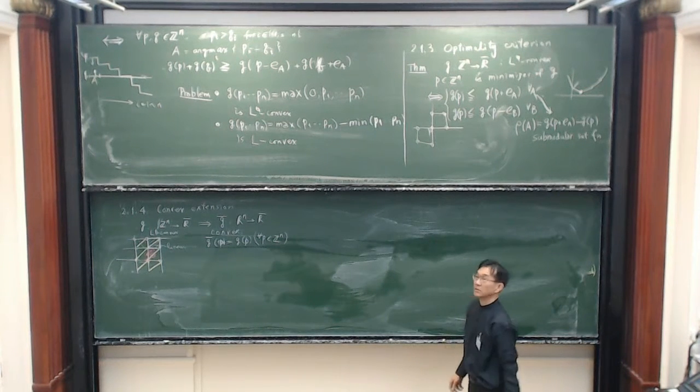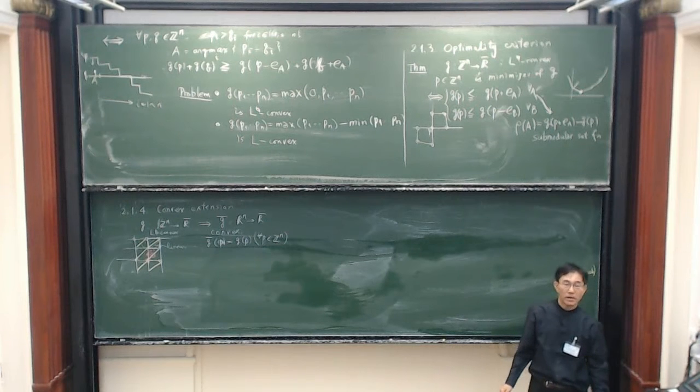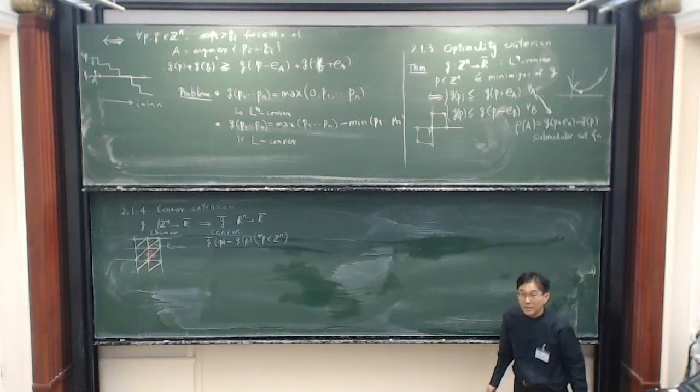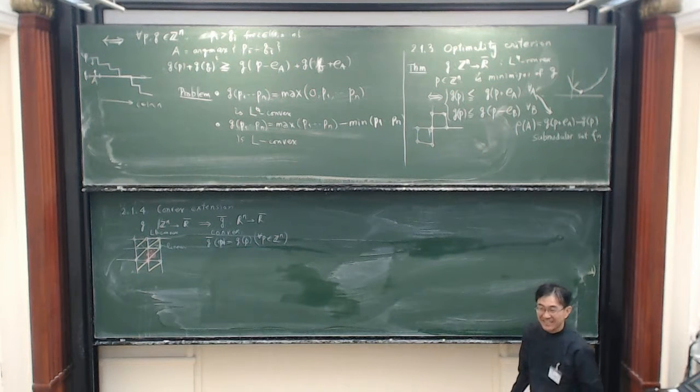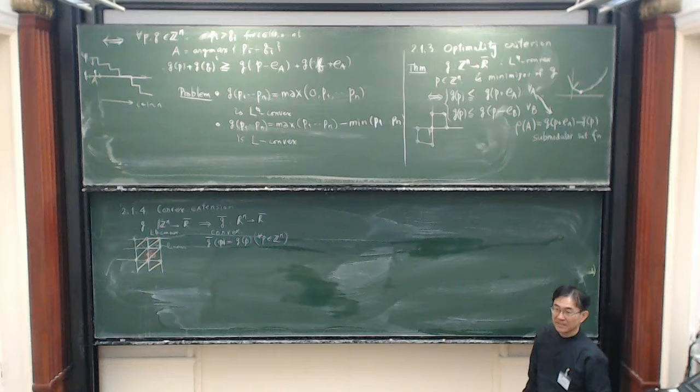Now, any questions about L-convex functions? Any comment or questions? So for L-natural it is harder to do. Sorry? It's not sharp, it's just natural. Sorry for that notation. L-natural, you also have a convex extension.